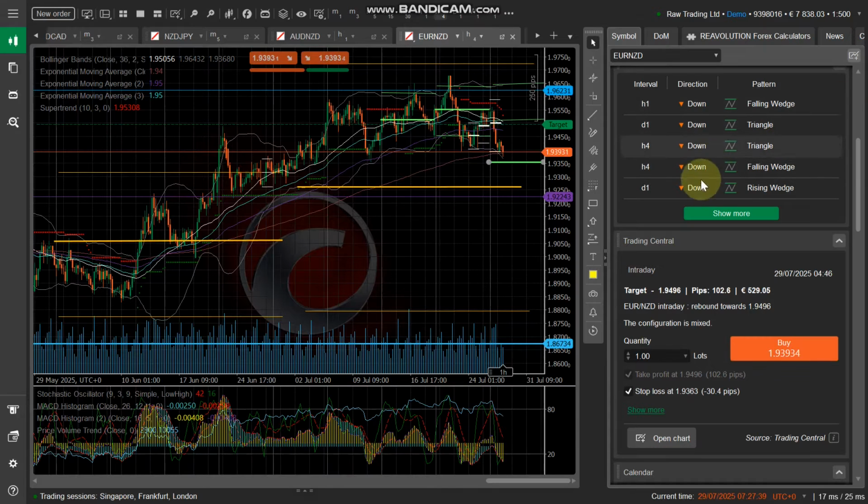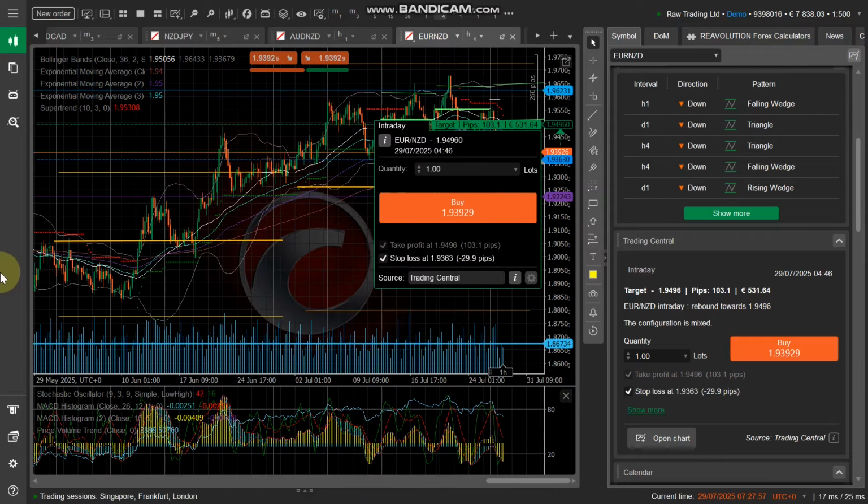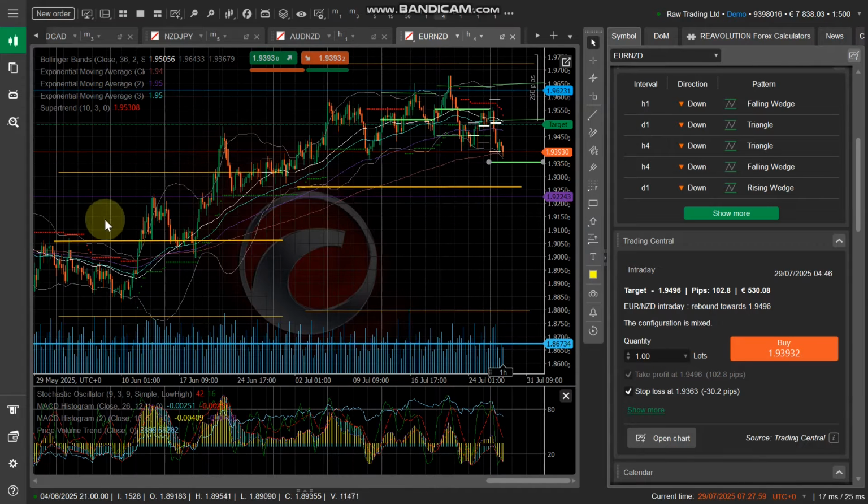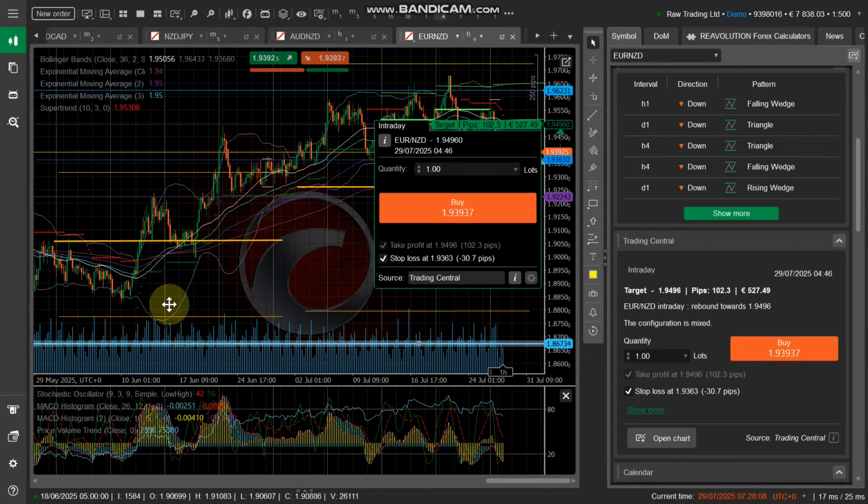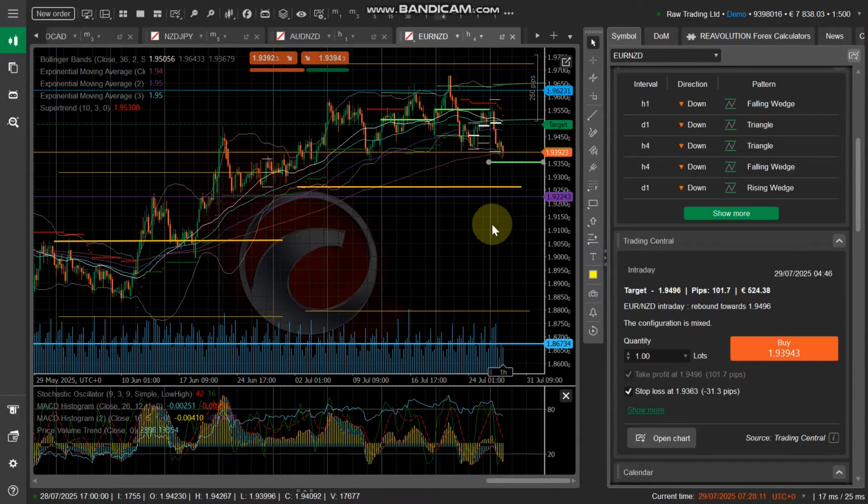Okay, this is a pattern, all down from 1 hour to daily: pattern down, triangle, falling range wedges. So I can see now it's dropping, but if this is the mother time frame that we go down to find the pullback, this is the first pullback, and then a second pullback following for the seller.